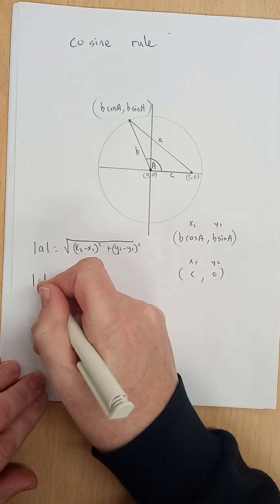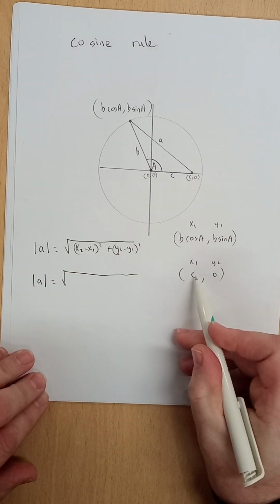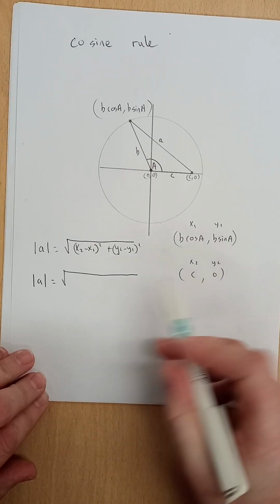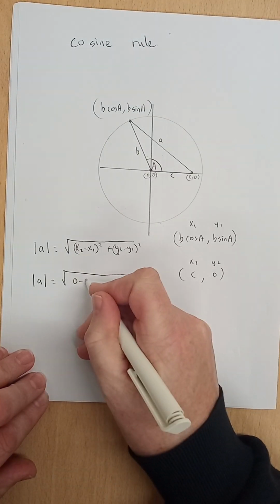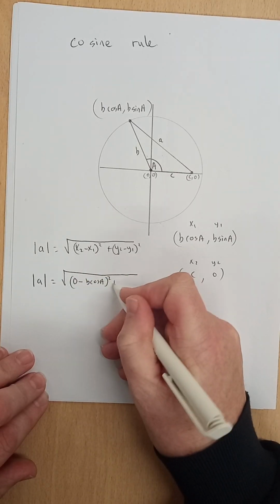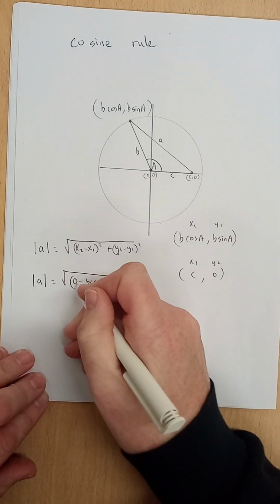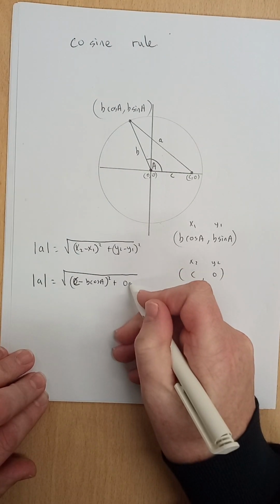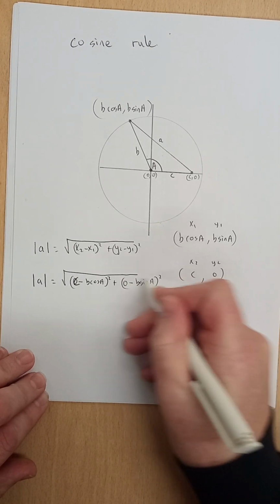So we have the absolute value of a, the distance of a, is equal to the square root of (c minus x1) squared plus (y2 minus y1) squared.